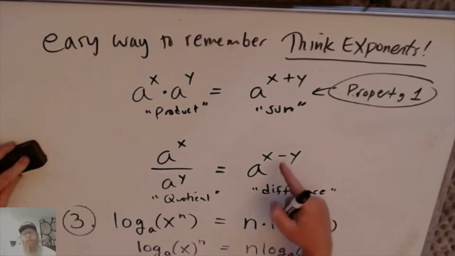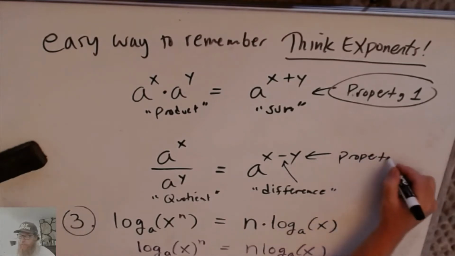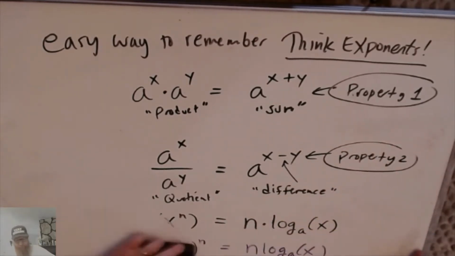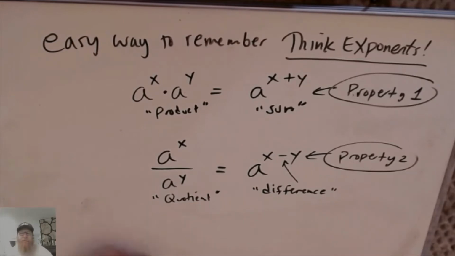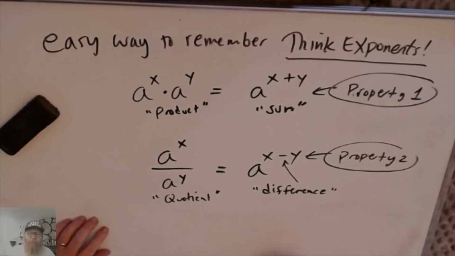So a quotient becomes a difference. That's property 2. Okay, because I'm going to erase all these properties, and I want to be able to recall them in 5 minutes or 5 years or 5 months or 5 days from now.